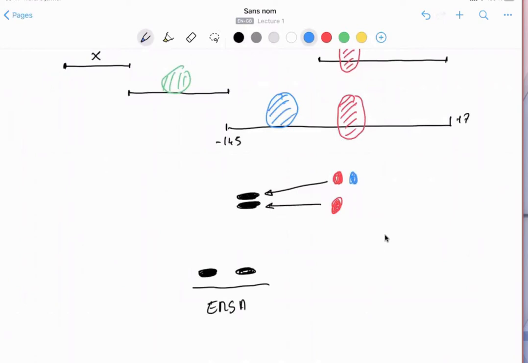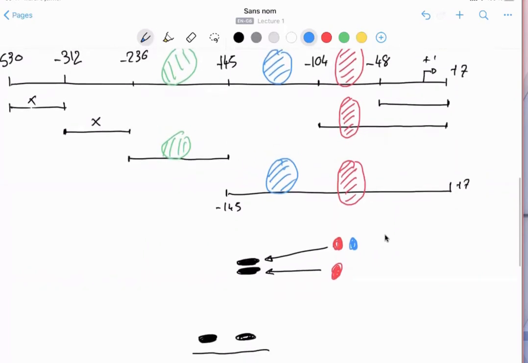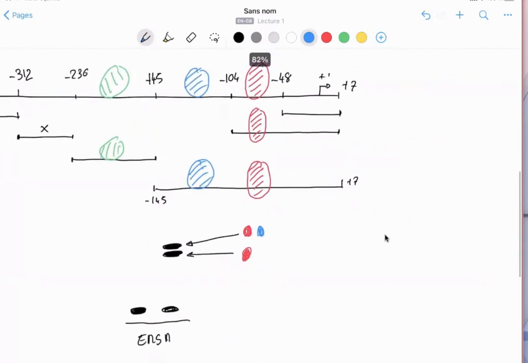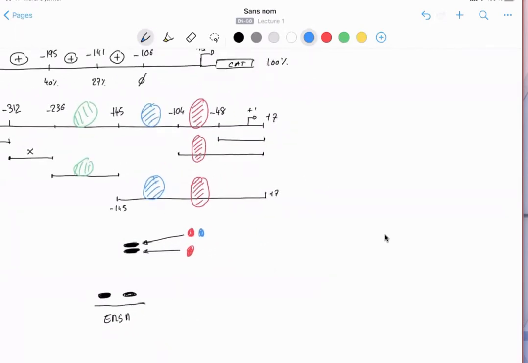Yes. But what is the other conclusion? I'm sorry, but it's one of the most tricky parts in the exercise. So, if this fragment always interacted with the blue and the red, we shouldn't have two different shifts. We should have only the top one, which means always red and blue.